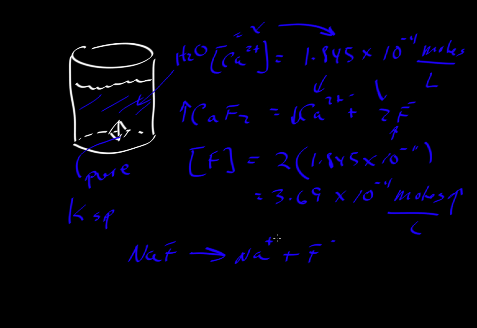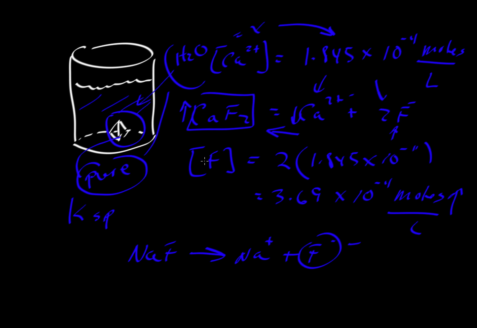So by adding some sodium fluoride to the system, especially something that can dissolve to give us large amounts of fluoride ion, we would force the reaction in this way, increasing the amount of fluoride because of this new source, but then using up some of the calcium and fluoride in the process, which would drop the amount of calcium and increase the amount of fluorite. So there are other things that might be dissolved in here that can affect this reaction. Keep in mind, we're thinking about pure water and pure fluorite in the system, and that affects these calculations.